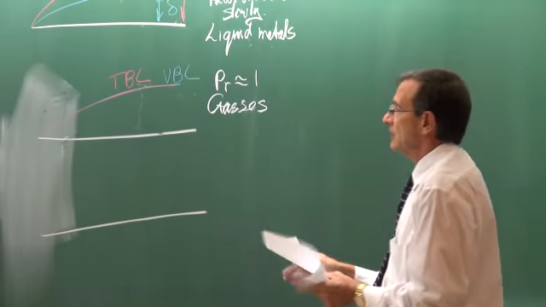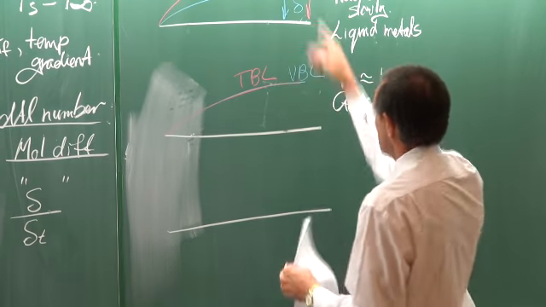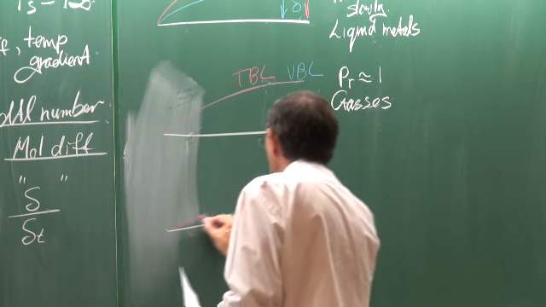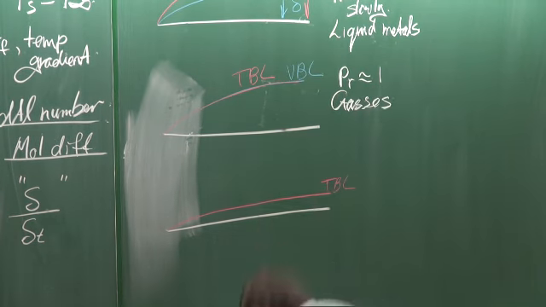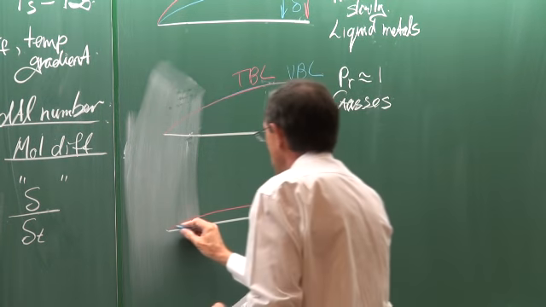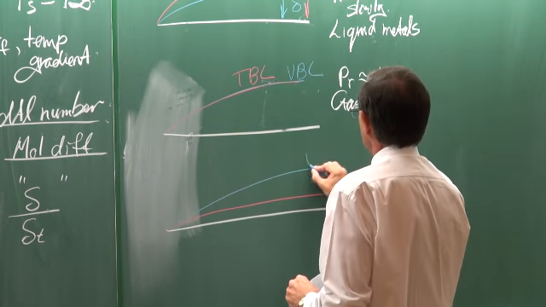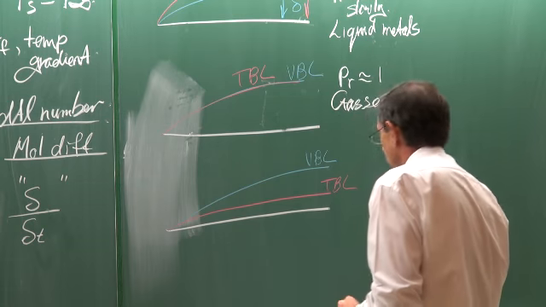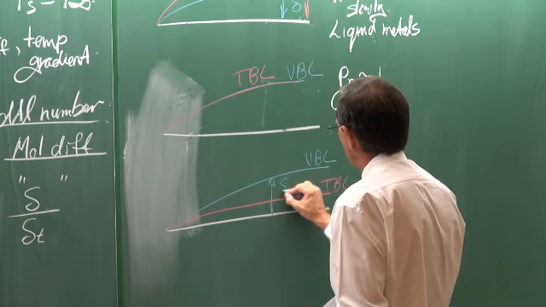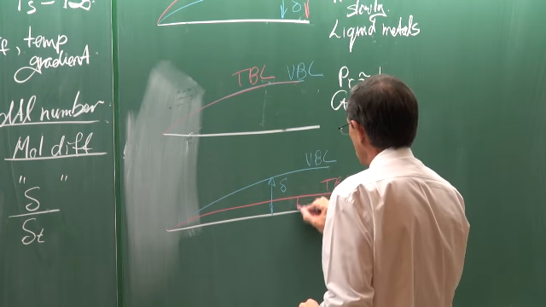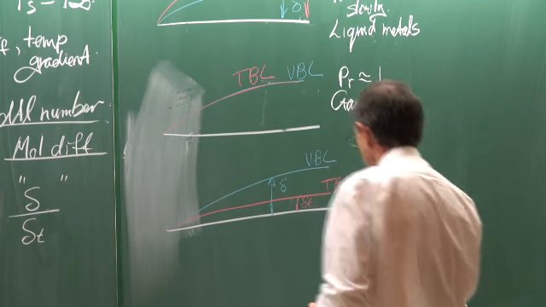Then the third possibility is the opposite of that. That is where the thermal boundary layer is very thin in comparison with the velocity boundary layer. That one there is the velocity boundary layer, and if I put in the deltas also, that is the one for the velocity boundary layer, and that one is for the thermal boundary layer.